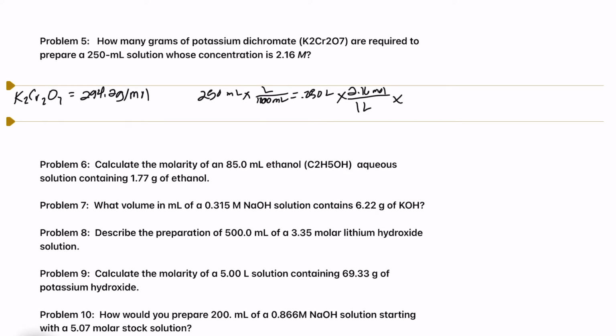So I want to know how many moles of potassium dichromate I need to have. And then the prompt asks me for how many grams I need to have. So I'm going to get rid of moles and convert it into grams.